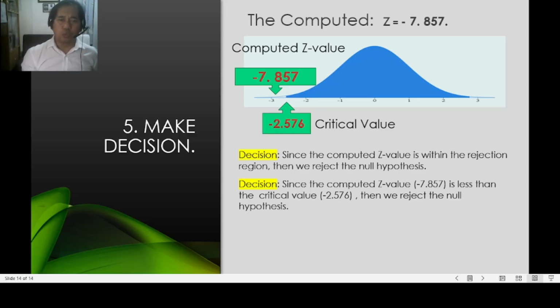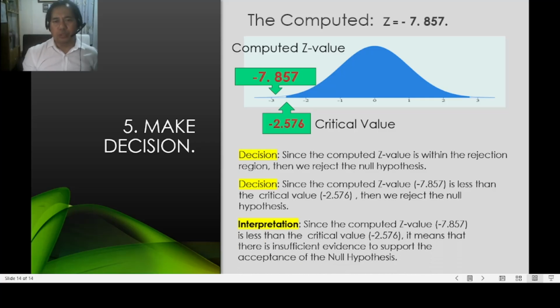Of course, when we decide, we have to interpret the meaning. So when we interpret that, it says in here, since the computed z value is less than the critical value, it means that there is insufficient evidence to support the acceptance of the null hypothesis.